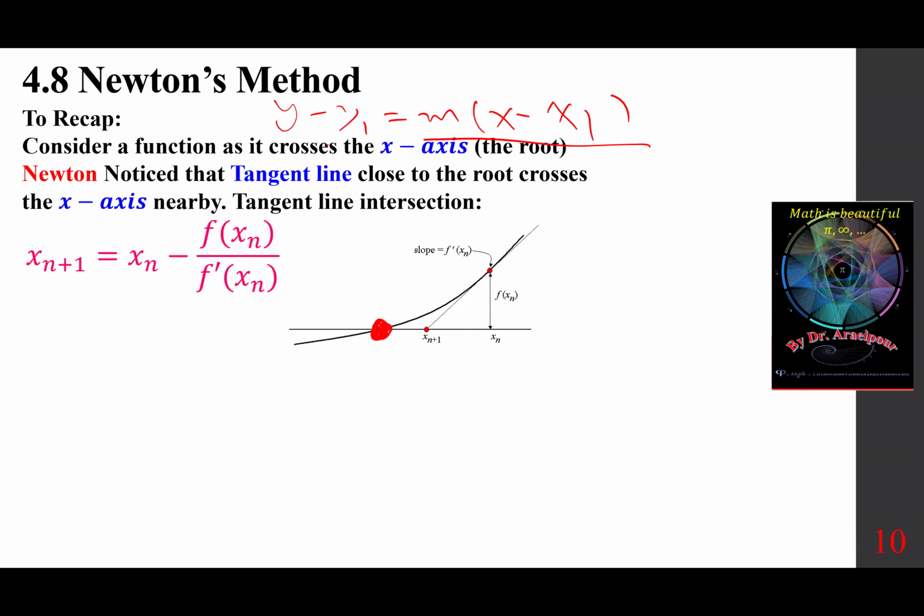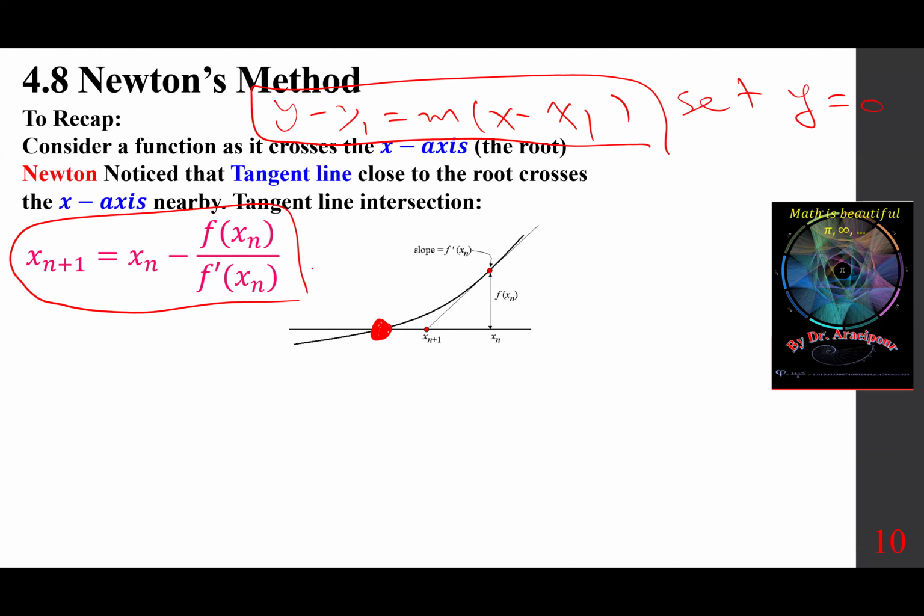We find the equation of a tangent line, and we set y equal to 0. And we get this one. That's it. And we repeat this process. So take a look at what happens next. The next one, everybody. So here's the tangent line.